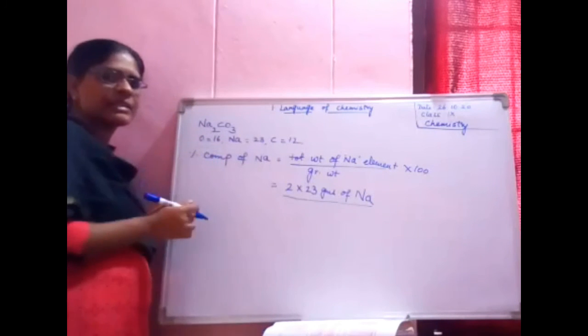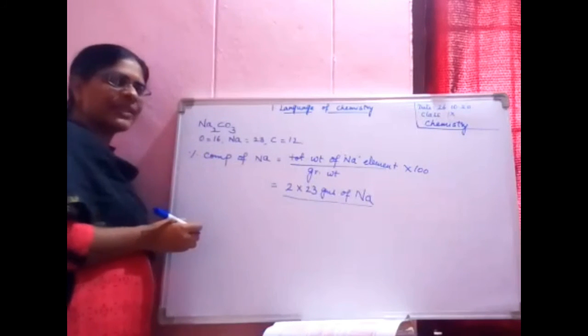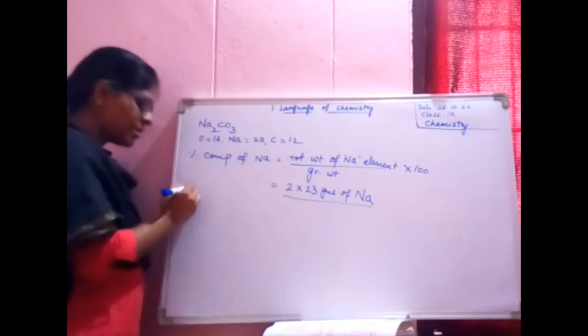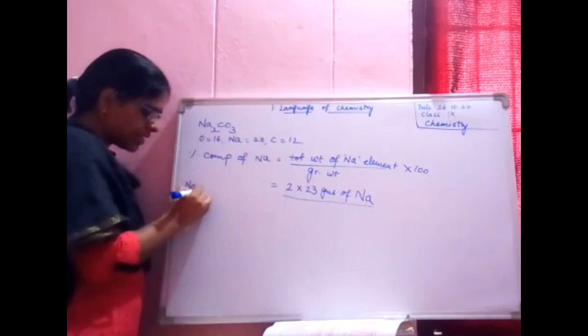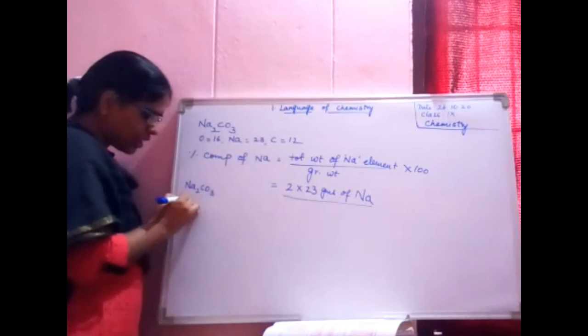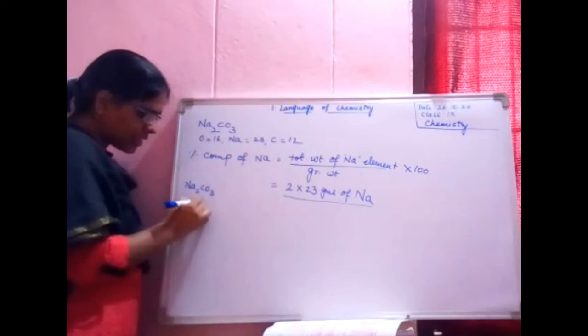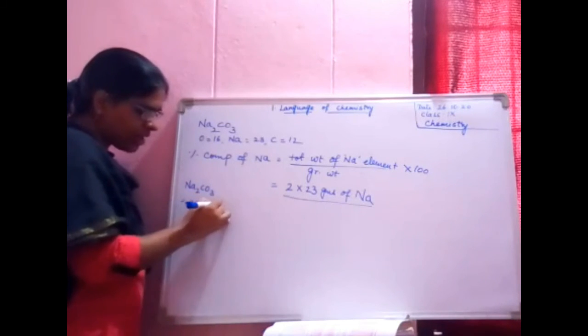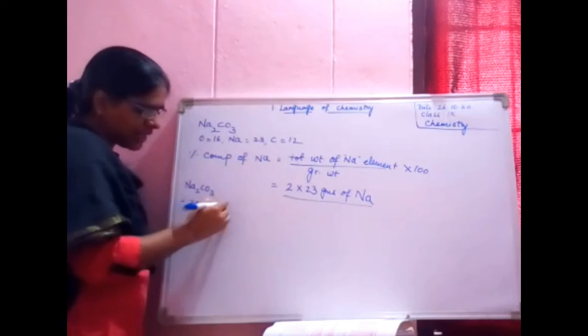In the last class, I told you how to find the gram molecular weight. Gram molecular weight of Na2CO3: as 2 sodiums are there, 2 into 23, plus, how many carbons? Single.